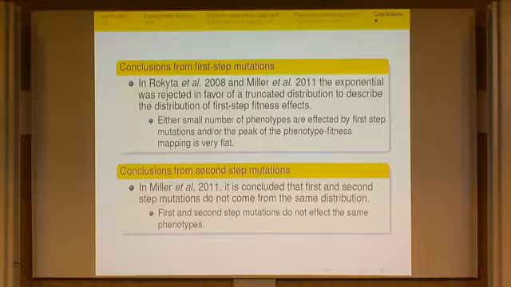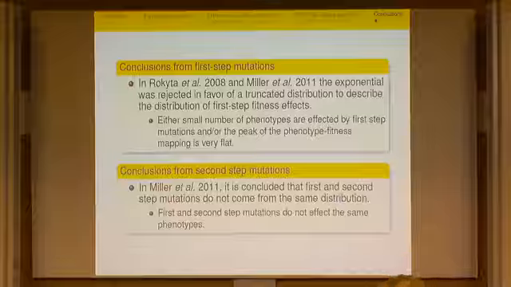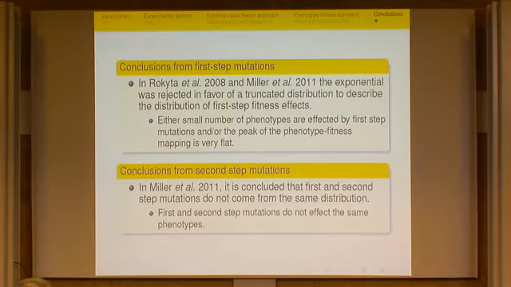Does this have any implications for the genotype-phenotype map? This is basically claiming the phenotype-fitness map. The genotype-phenotype map would have to overlay on top of this.